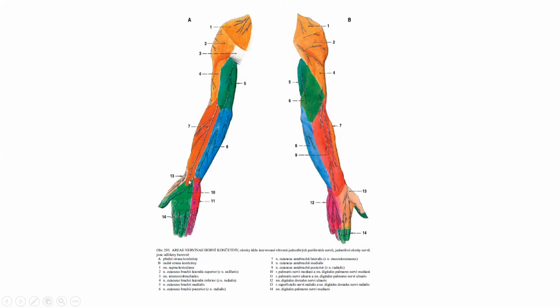Before I talk about the innervation of the hand region, you can see here the whitish area, which is part of the axilla, in the medial part of the axilla. This area is innervated by specific nerves called the intercostobrachial nerves. The intercostobrachial nerves are usually two, and they are a continuation of the lateral cutaneous branch of the second and sometimes the third intercostal nerves.